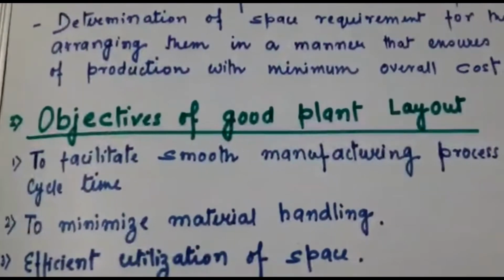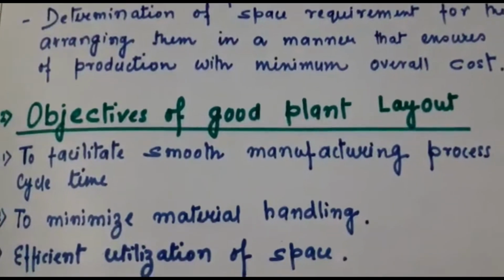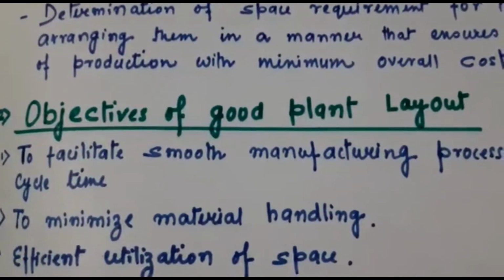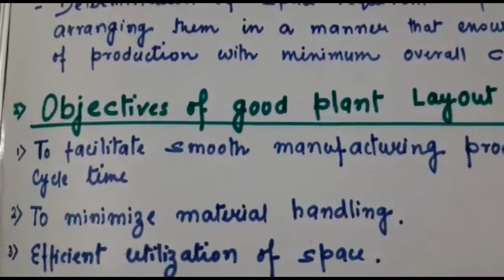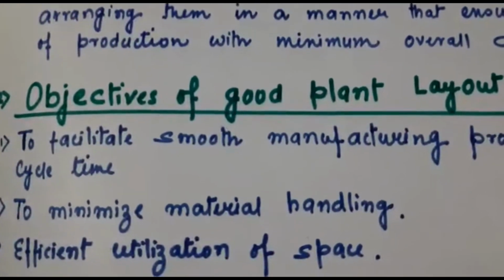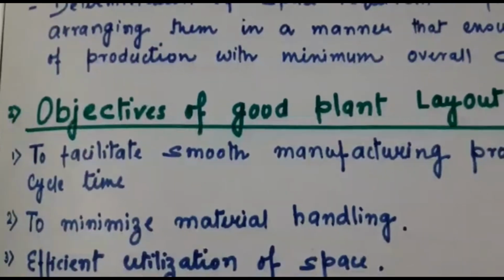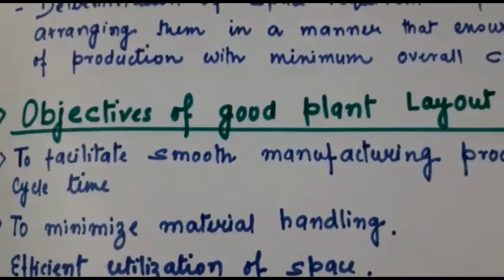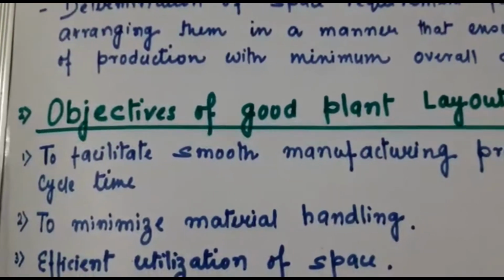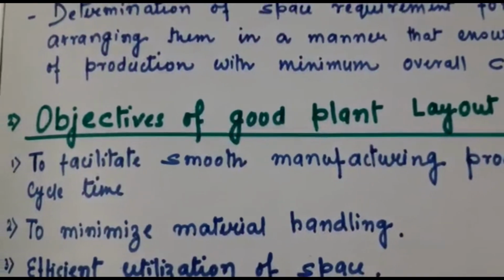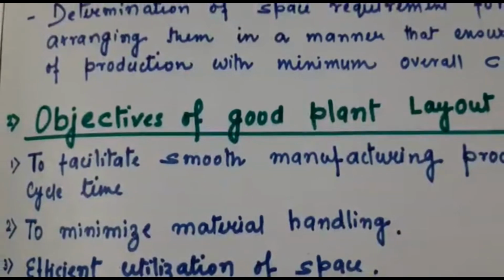Coming back to objectives of plant layout, as I have told you, the basic objective of plant layout is to keep the right machine at the right place so that the processing of the product can be done in the most effective manner through shortest possible distance and shortest possible time.